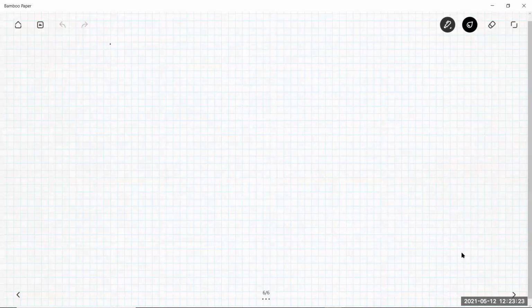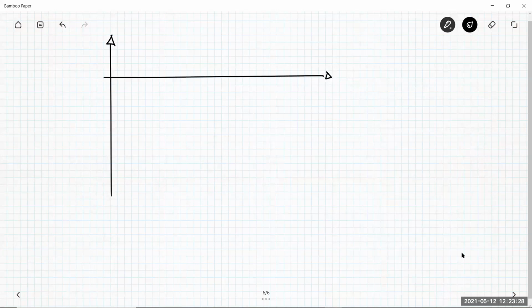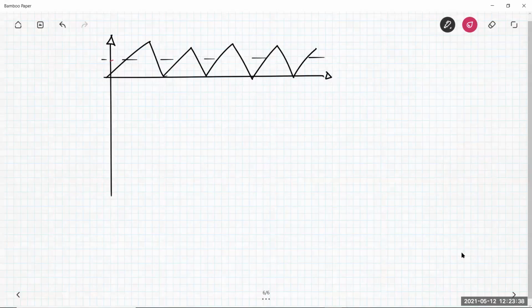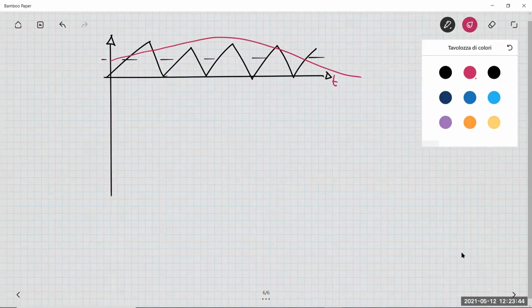What happens for the bipolar one? You have a triangular waveform like this. I have something like this. Sorry for my bad drawing.